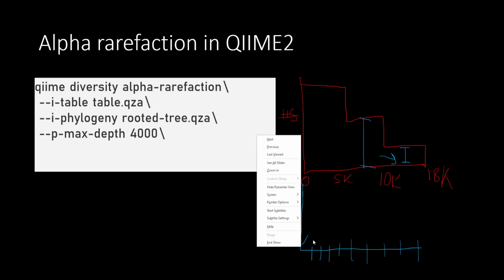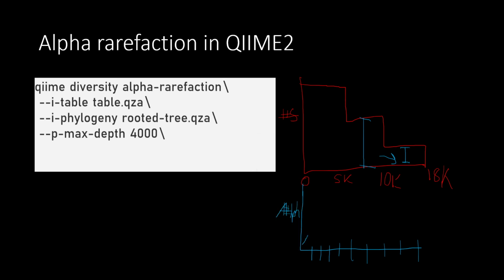And I'm just going to choose another color here. How that changes as you increase the depth, because it might be something like, oh, it's kind of variable at the beginning and it increases and flattens out, or it could be like, hey, you only need about 2,000, a sampling depth of 2,000, and after that you've captured all of the alpha diversity.